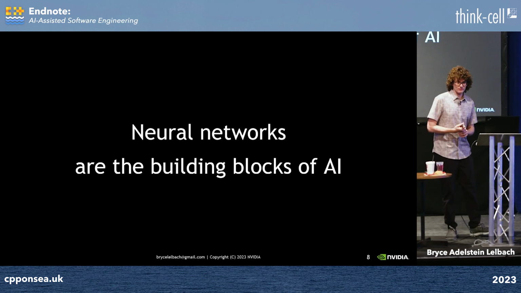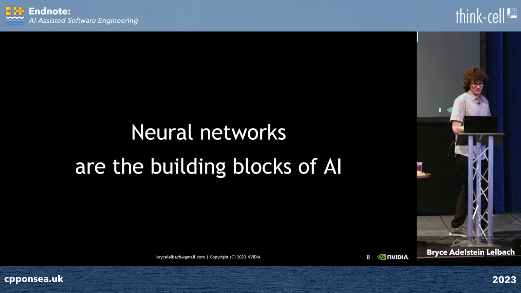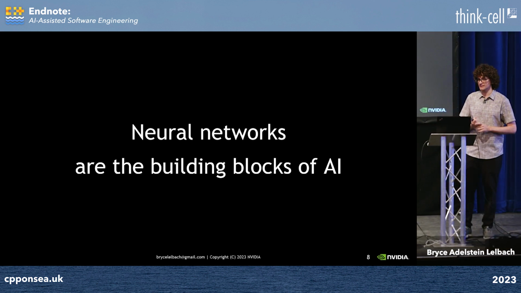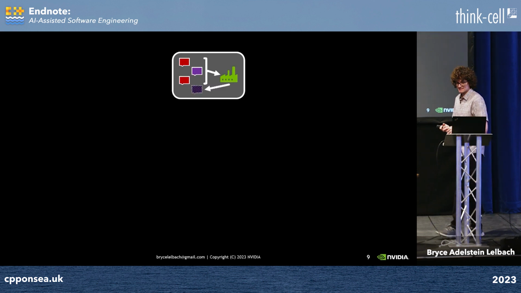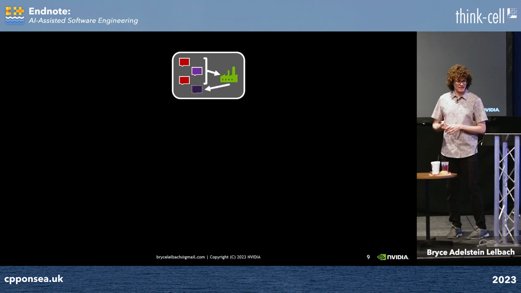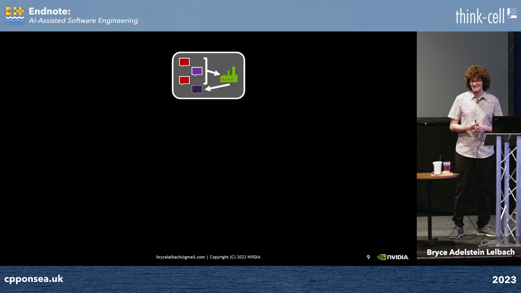So neural networks themselves are not the end game of AI. They are just building blocks. Simple AI systems may be built on top of a simple interaction with a single neural network.